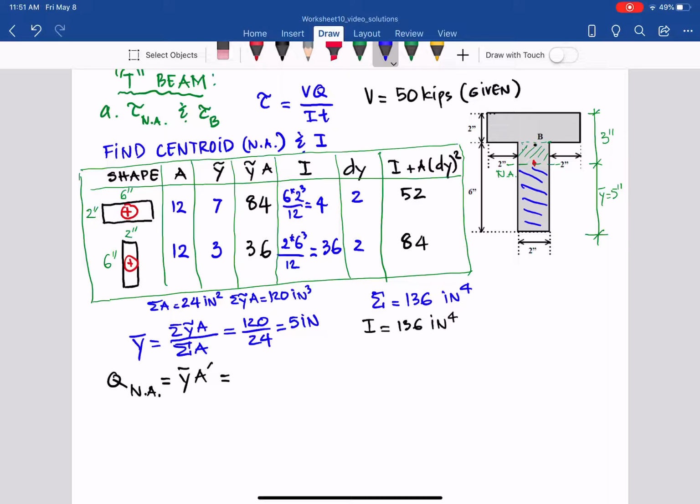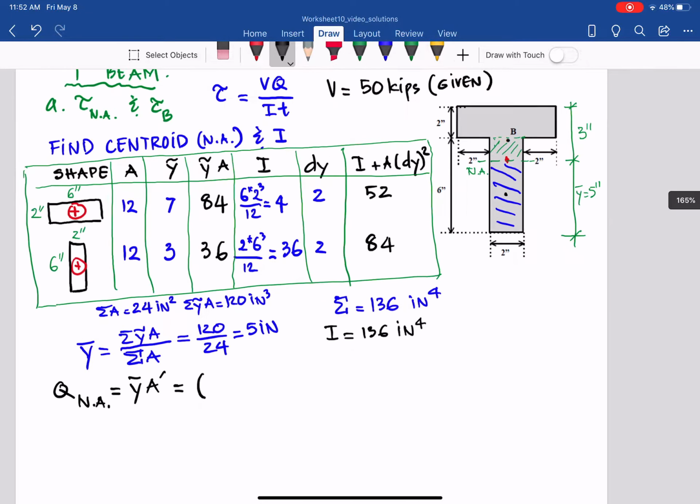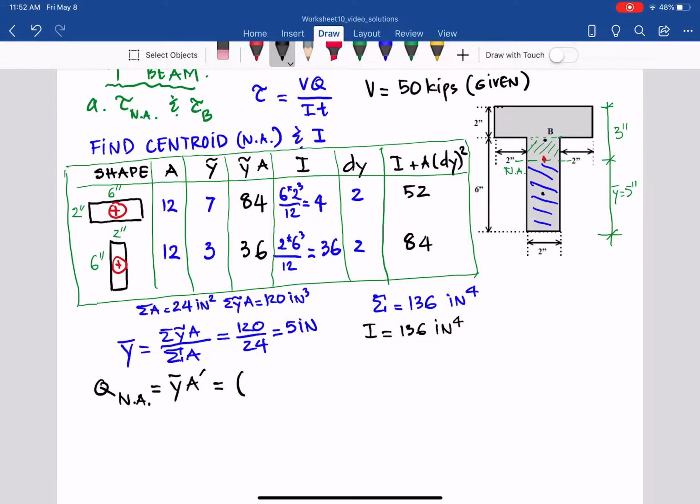And here I try both. For the blue one, as you can see, it equals y bar from the neutral axis to that point. The total height is 5 inches, so that y bar is half of that.